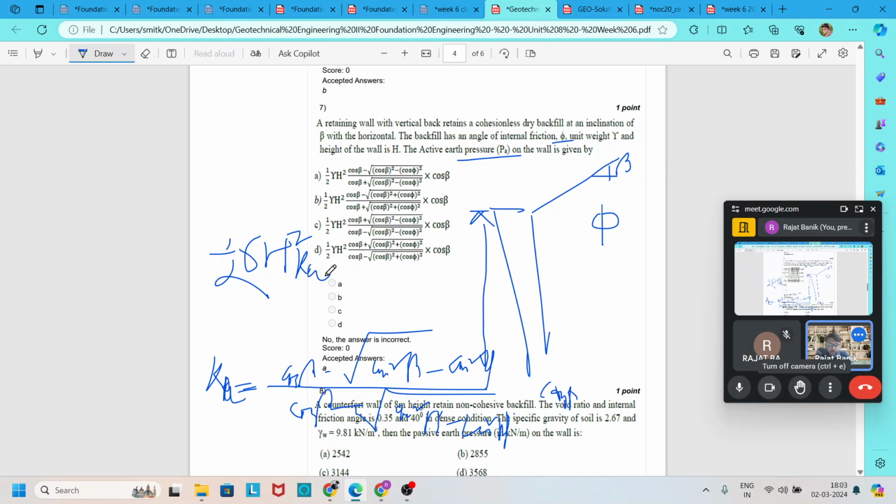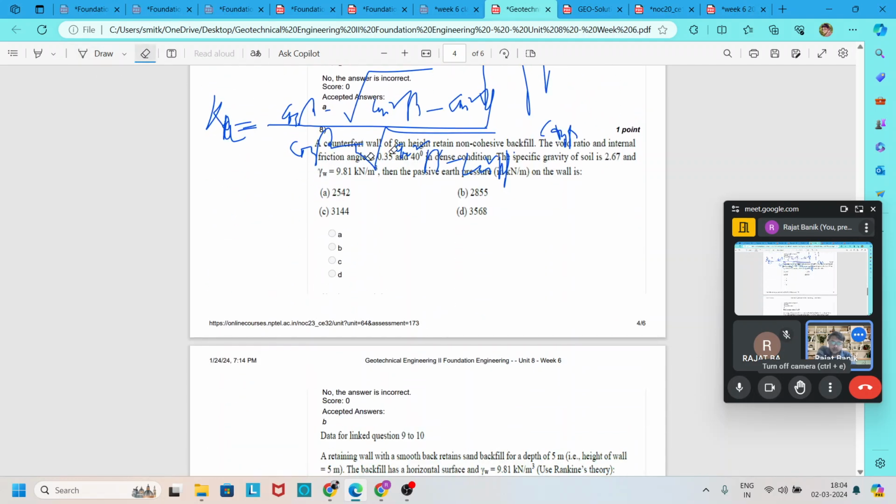You put K in this equation and get the result, half gamma h square into cos beta into that expression. So our correct option is option A.